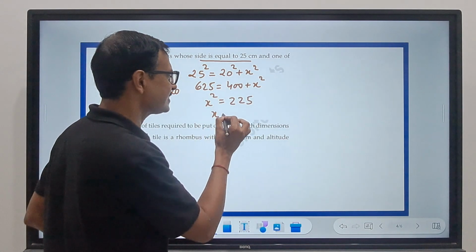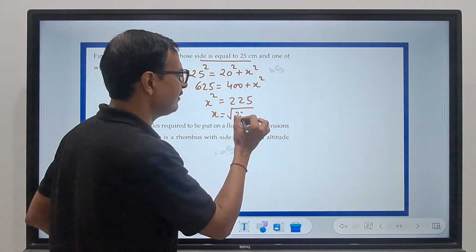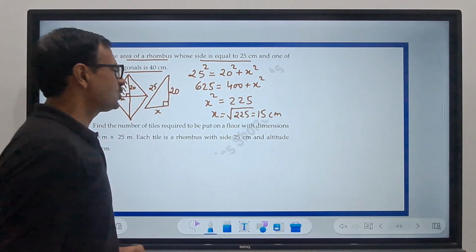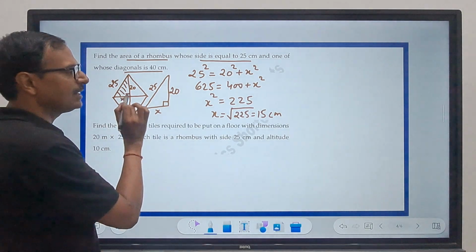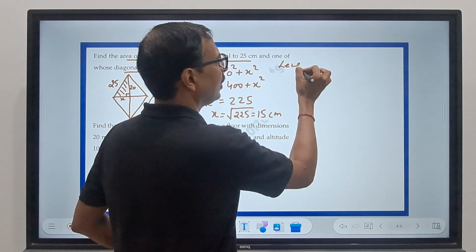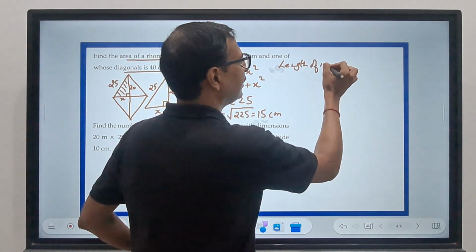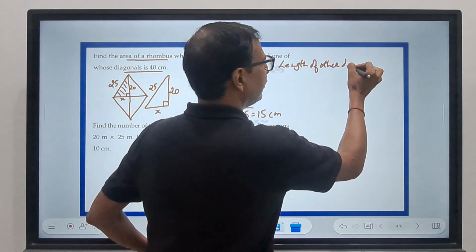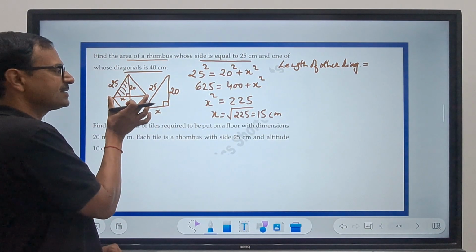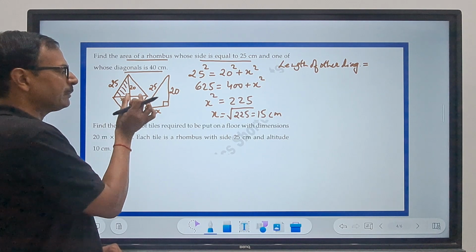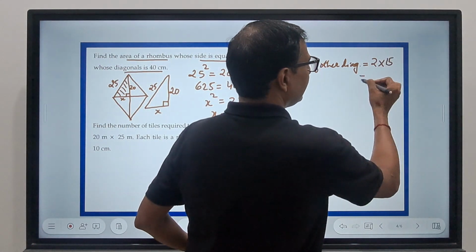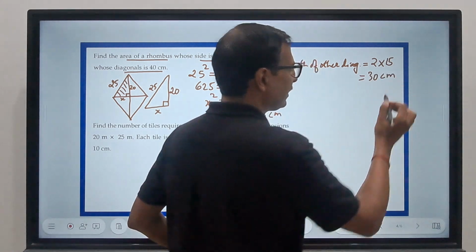That gives me x as square root of 225, that is 15 centimeters. So I know half of the other diagonal is 15 centimeters, and therefore the length of the other diagonal will be equal to double of 15, right? Because this diagonal is bisected. So 15 plus 15, 30 centimeters will be the length of the other diagonal.